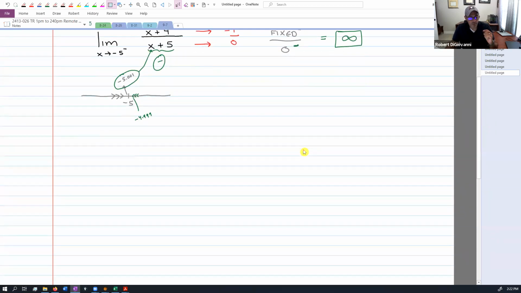Okay, let's do another one. Any questions on that? Okay, let me think real quick how I want to do this. Let's do the limit as x approaches 0 from the left of x squared, hold on, no, x plus 1 cosecant of x.